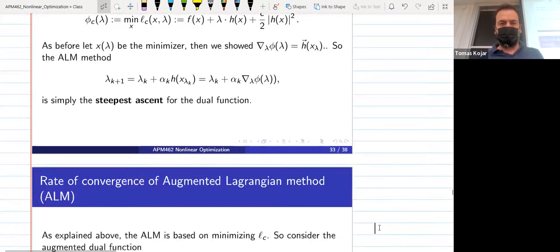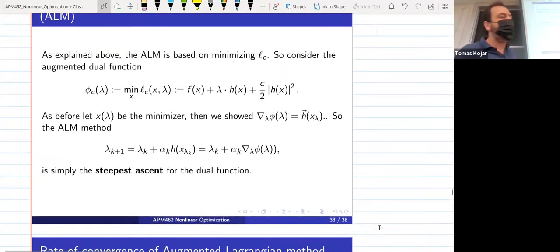We talked about this. So if you look at a slightly different function, FC lambda, this is almost like the dual, but you also have the penalty.